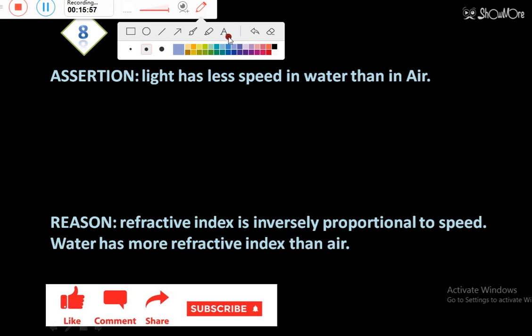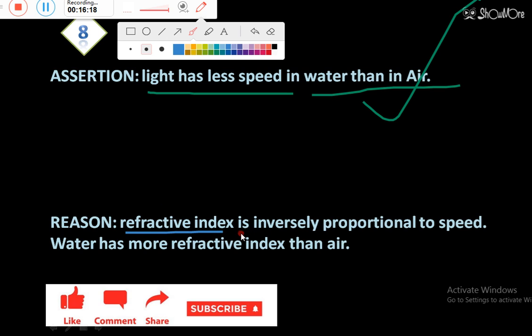Question number 8. Question number 8 is saying light has less speed in water than air. So we have already seen such type of question in which the speed of light is less in the medium as compared to air. So this is right. Next is, refractive index is inversely proportional to speed. Water has more refractive index than air.